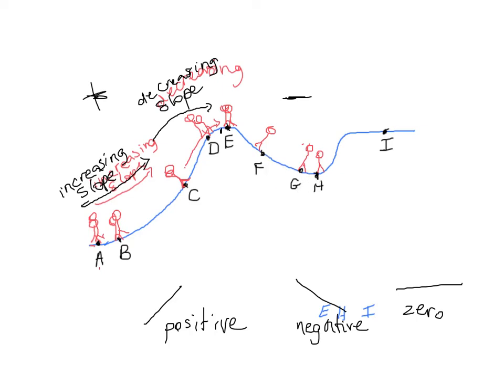Remember that the guy's flat here, so the slope at H is 0. Where else is the slope 0? Let's get those in. If you said E, you're correct. The guy's standing up straight. He's not going up. He's not going down. So the slope is 0. And at I, the slope is 0 as well.